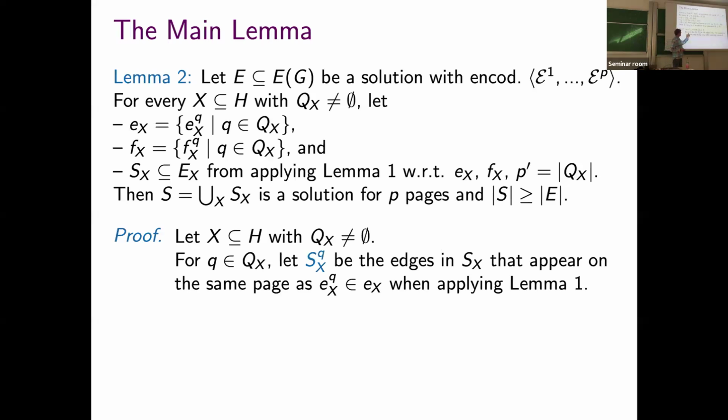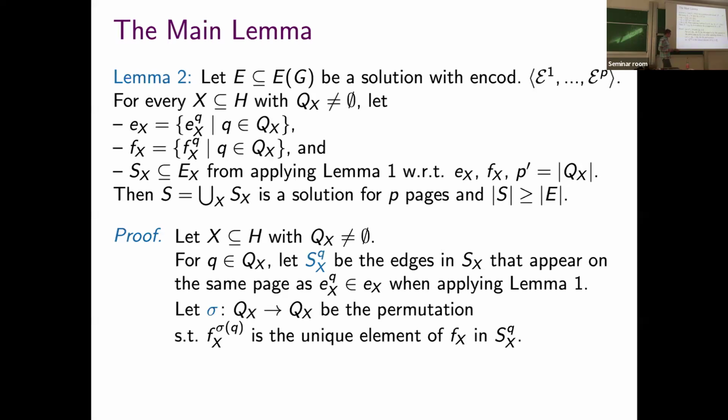So let's take a page that has edges that bridge X. Then we look at the edges in the solution on that page Q, on the page Q where this edge from our set EX ends up.